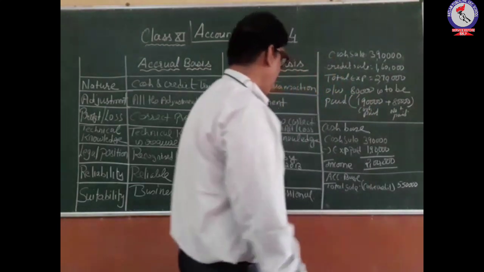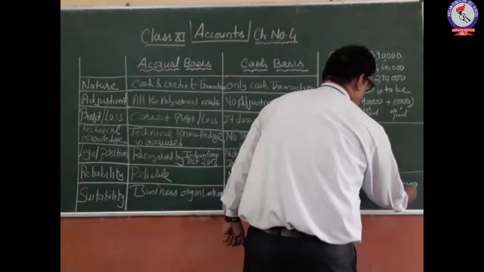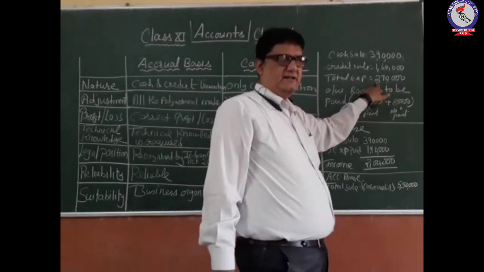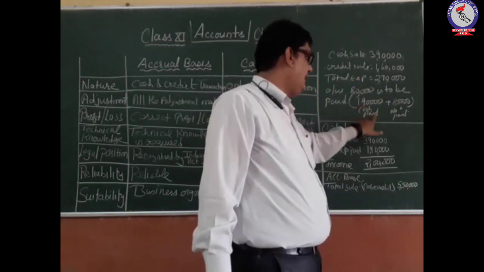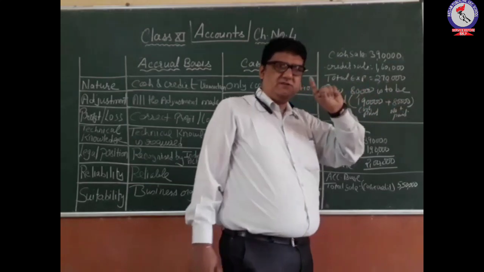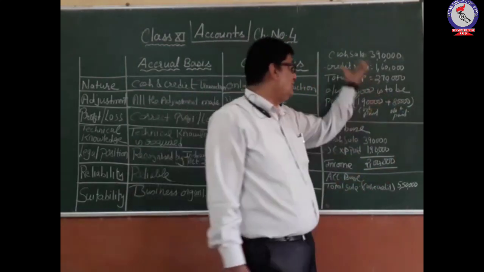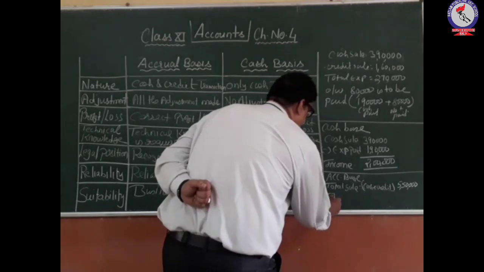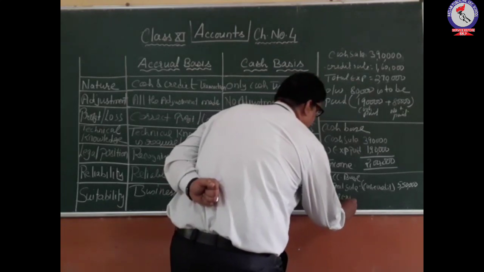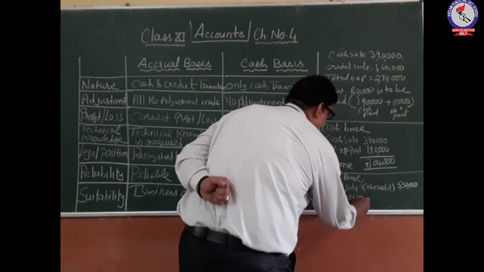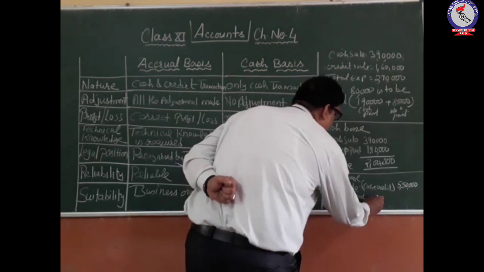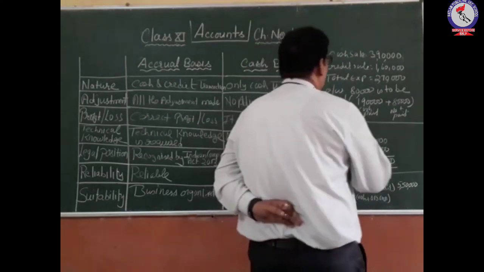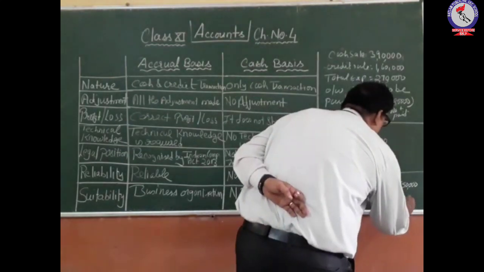Okay. Then come expenses. So total expenses are 2,70,000, which include cash 190 as well as what is not yet paid, 80,000. So total expenses, which include cash plus outstanding expense, are rupees 2,70,000.